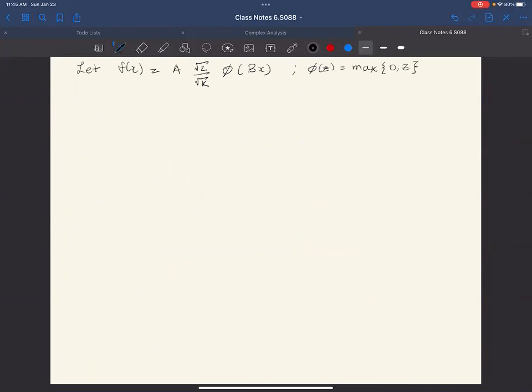And the reason I'm writing this root 2 seems mysterious at first, but the reason that it appears here, and actually in a lot of the literature, is because when you have the root 2 there, the dual activation is normalized so that phi checkmark of 1 is 1. I'll do this calculation here now as well. It's not too bad to see.